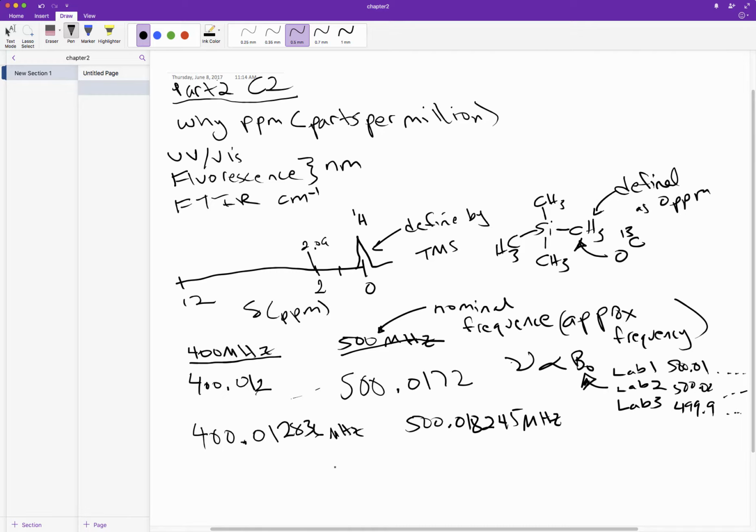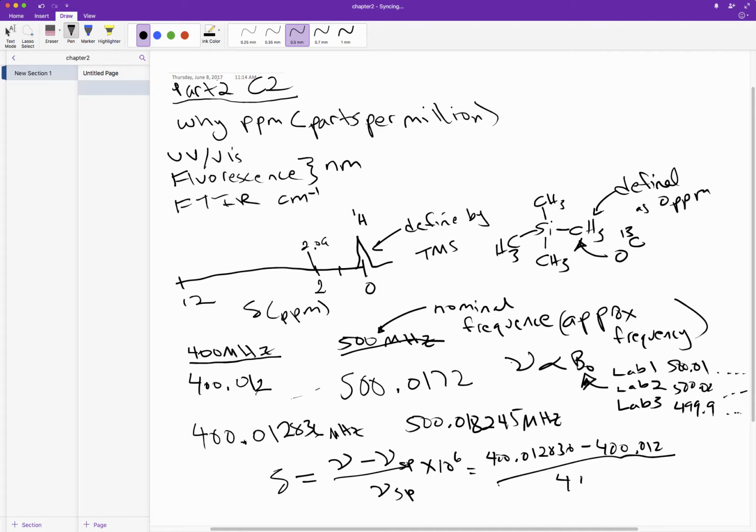But if you just say that your parts per million is equal to your peak minus the spectrometer frequency, divided by the spectrometer frequency, times a million, and so if we put in 400.012836 minus the spectrometer frequency of 400.012, divided by 400.012, you're going to get 2.09.